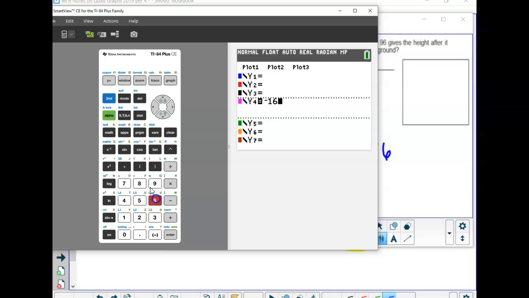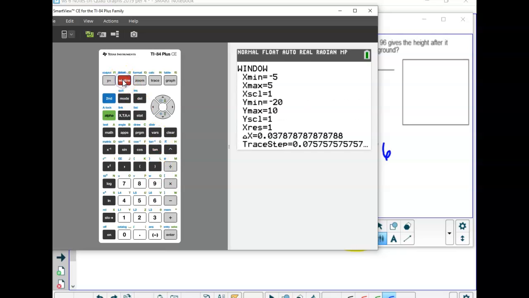Negative 16 x squared plus 96. Okay, time can't be negative. So I'm going to put 0. I'm actually going to try just leaving the x at 5 and see if it hits the ground by then. And how high up did this thing get dropped from?